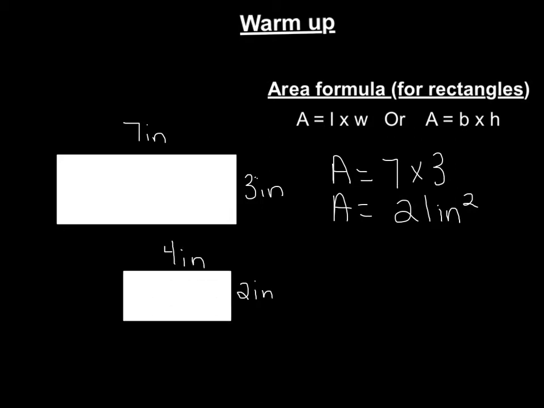Now use the formula to figure out the area of this rectangle. If you said that the area equals 4 times 2, and then you got an answer of 8 square inches, you are correct. Go ahead and erase your boards and put those off to the side.